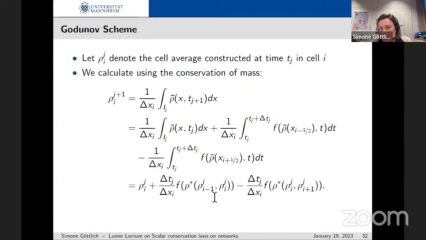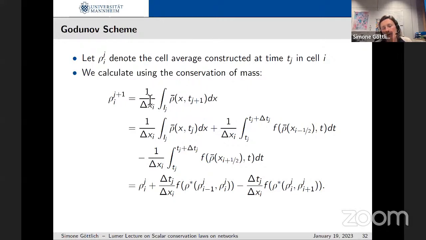So what's the idea of the Godunov scheme? We say that rho i j denotes the cell average constructed at t j in cell i. And the cell average, in fact, is given in that manner here.